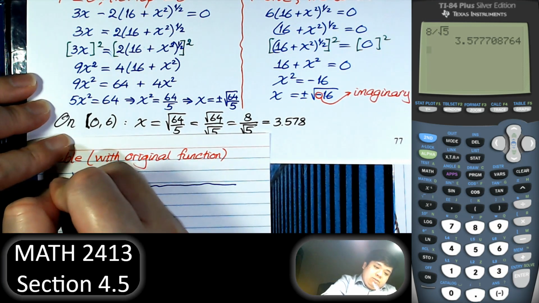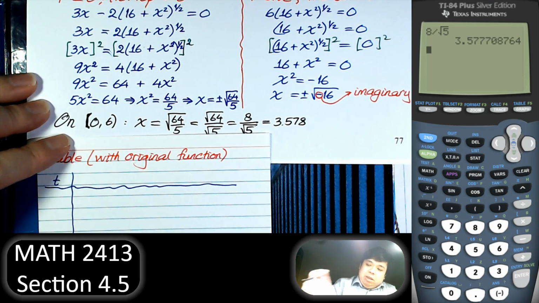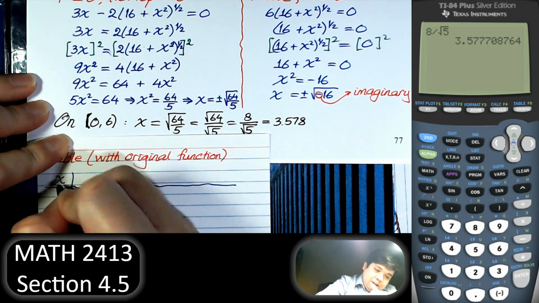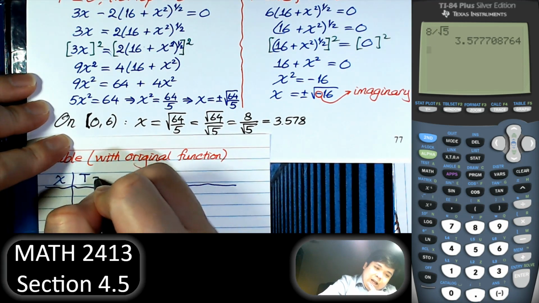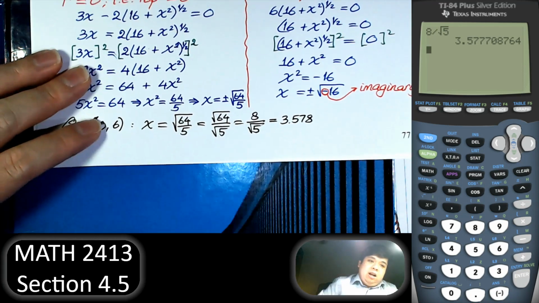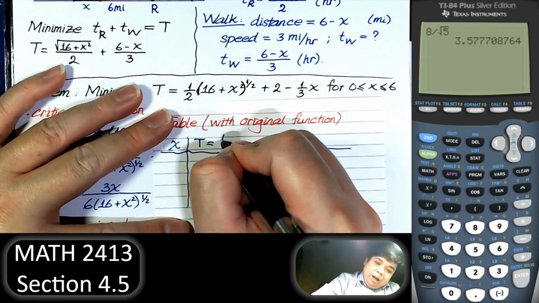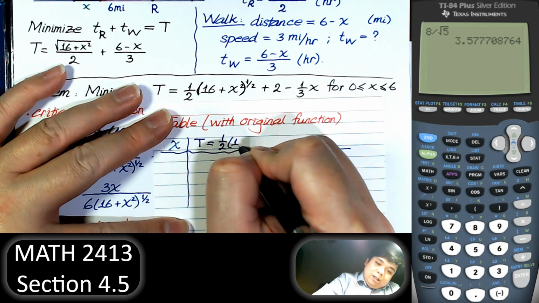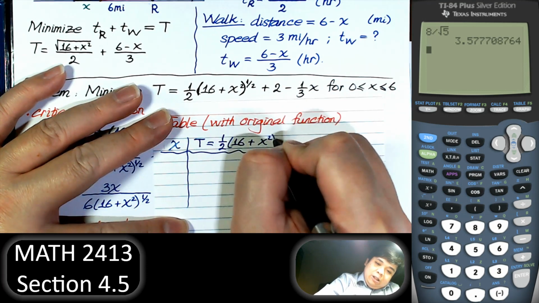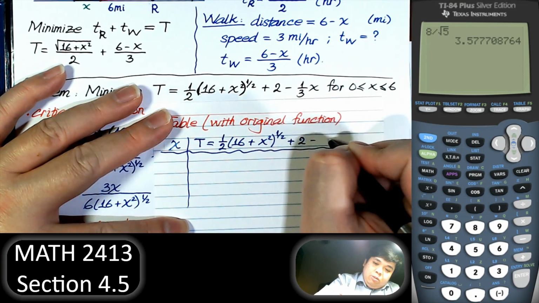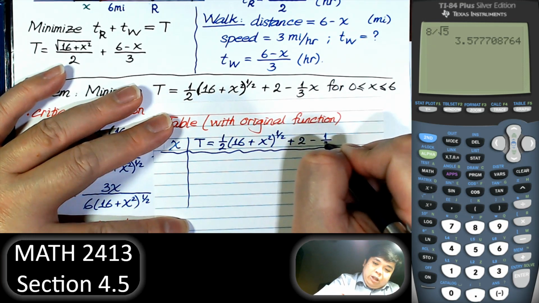So the x, and the time of the function, the original function, I'm going to use this one: 1/2 times 16 plus x squared to the 1/2 plus 2 minus 1 over 3x.